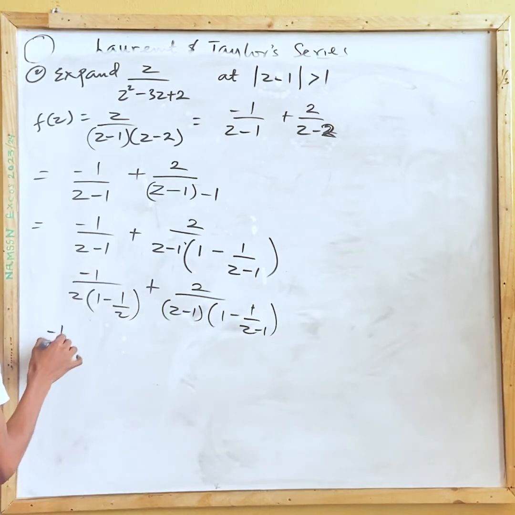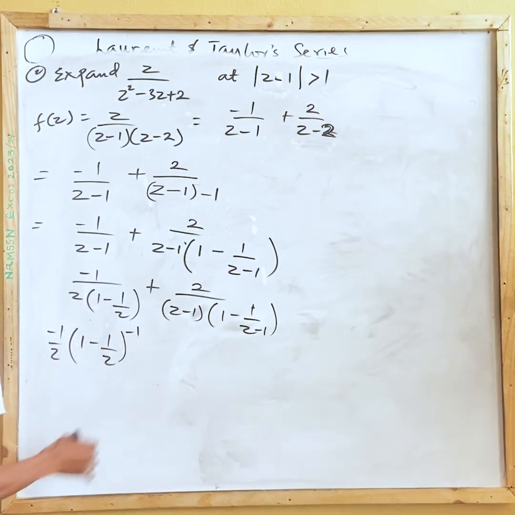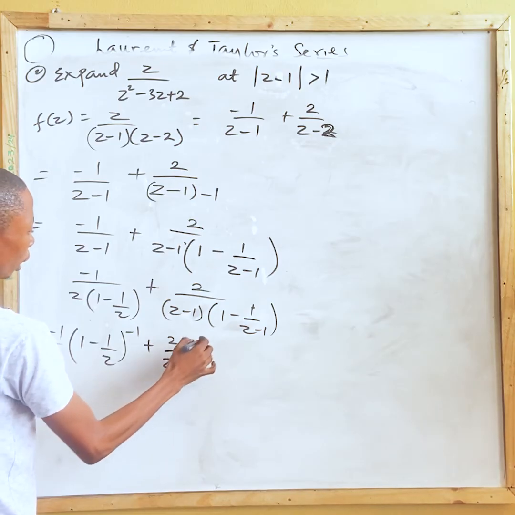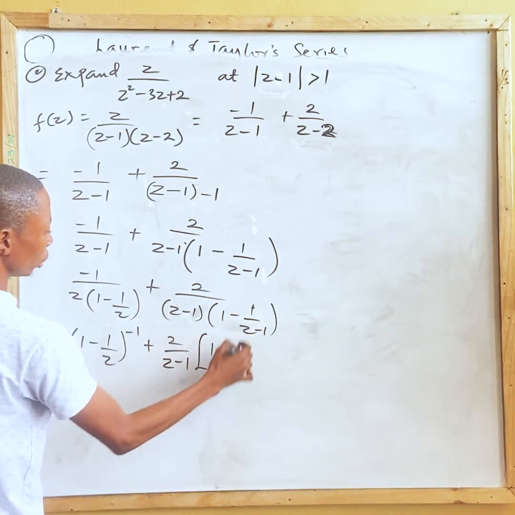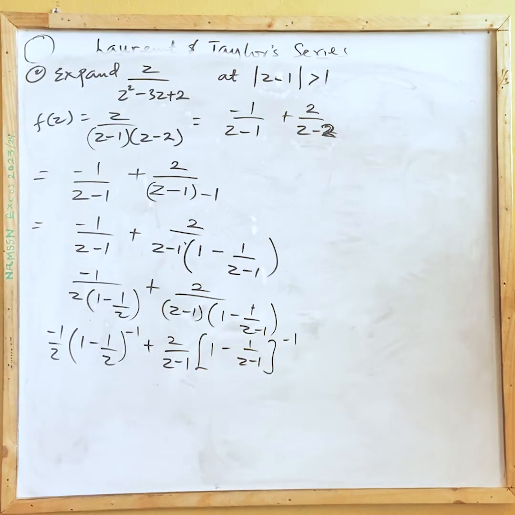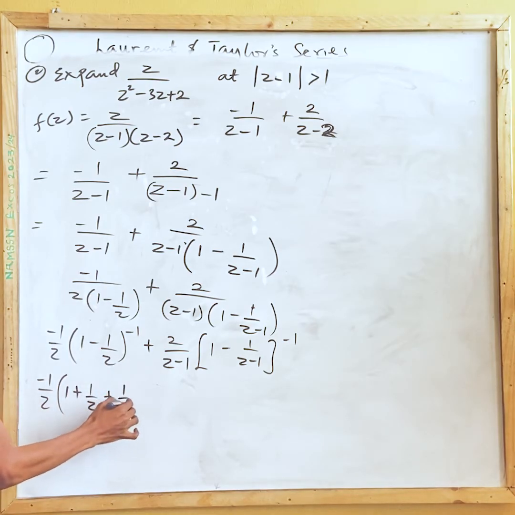Minus is here. This will be minus 1 over z into 1 minus 1 over z raised by minus 1, plus 2 divided by z minus 1 into bracket 1 minus 1 over z minus 1, all raised by minus 1 as well. So in that case, this is minus 1 over z into bracket 1, don't forget our series, 1 over z plus 1 over z squared.